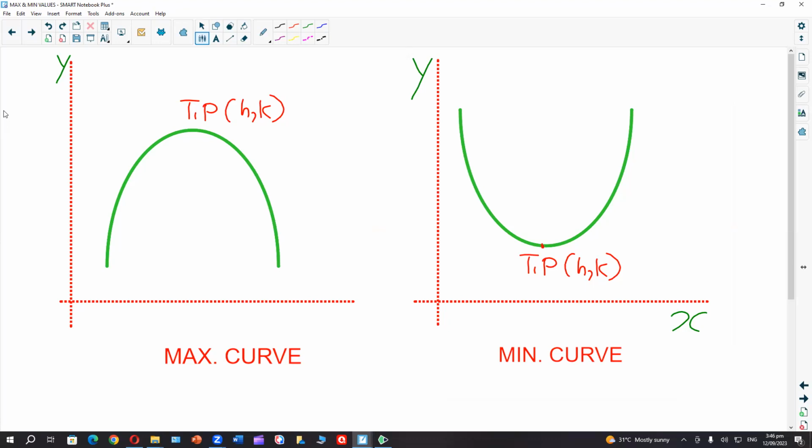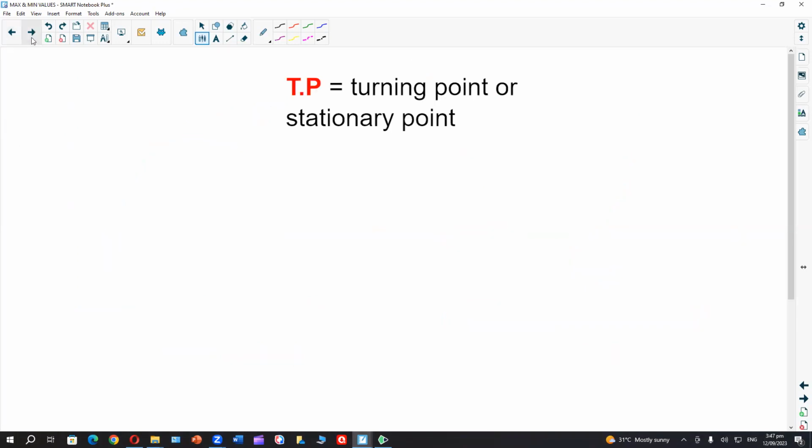TP is called turning point. The second name for turning point is stationary point. You have to copy this.